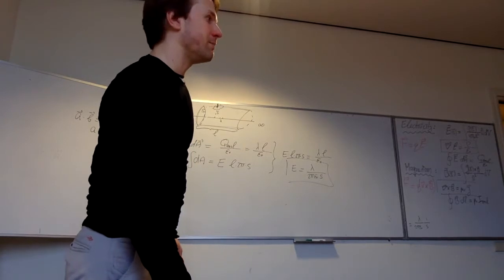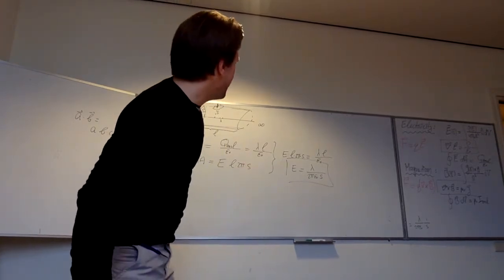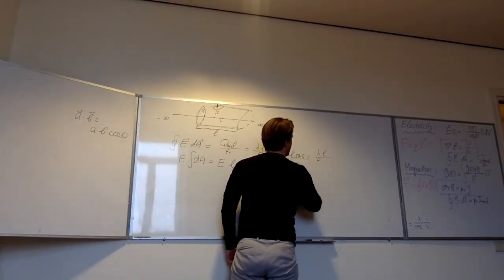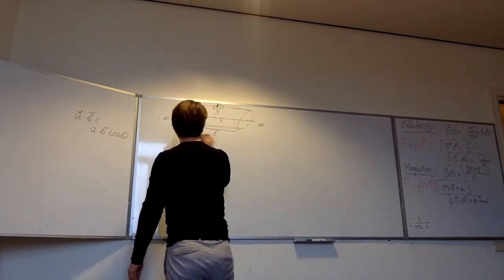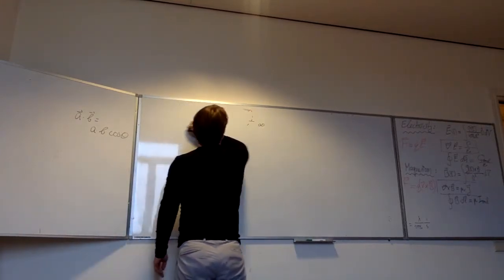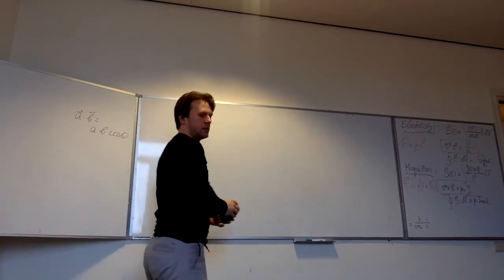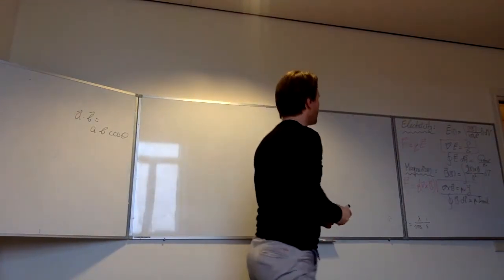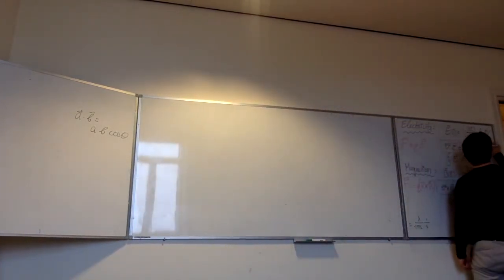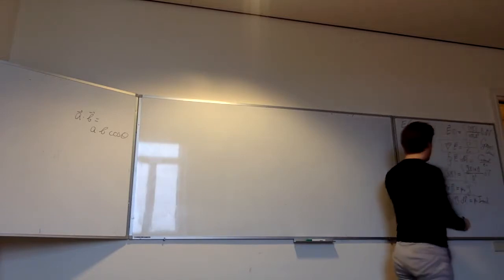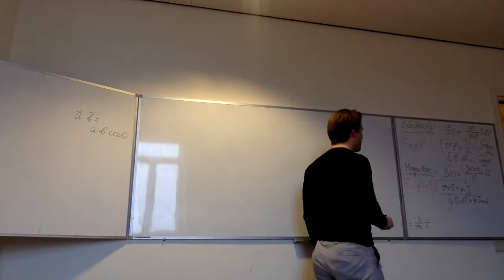So, much easier. Okay, now for the big conclusion of today. Let's write down what we already know. We have this one. This is Gauss' law. We have this one. Not sure how to name that one.